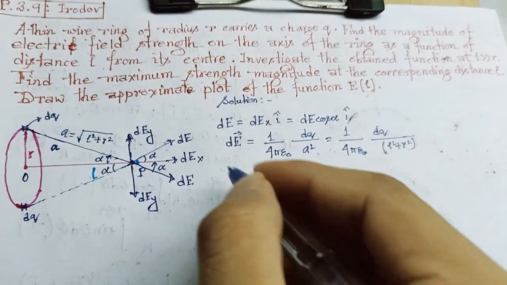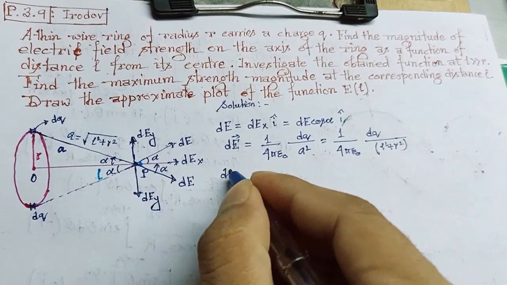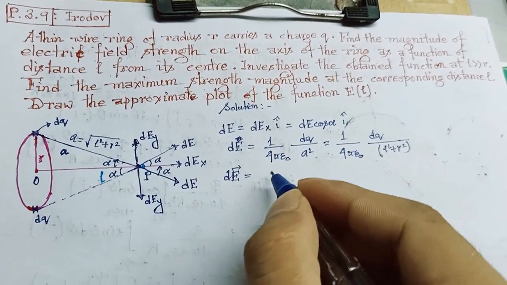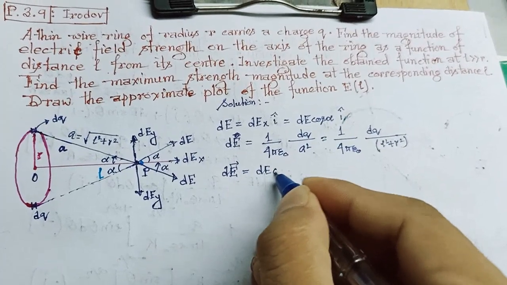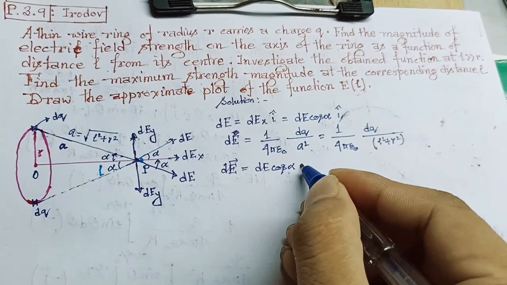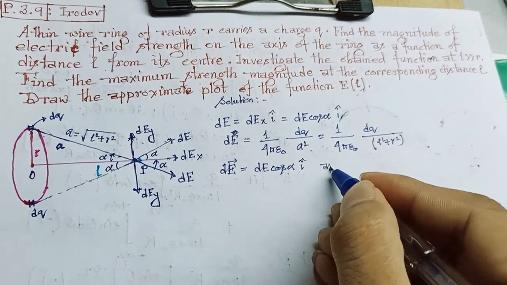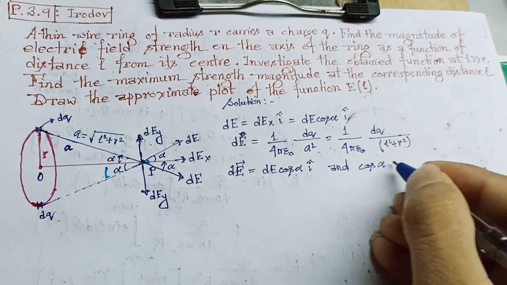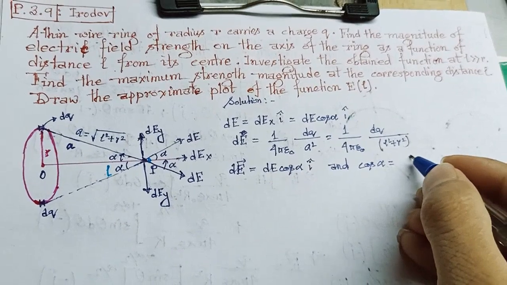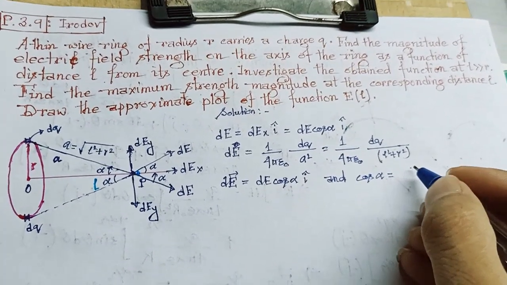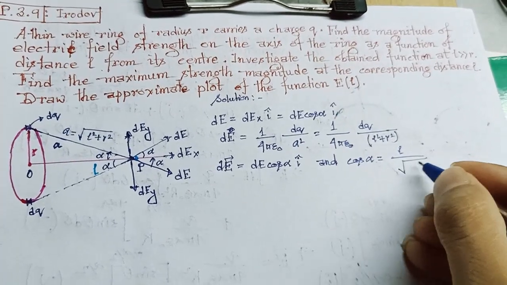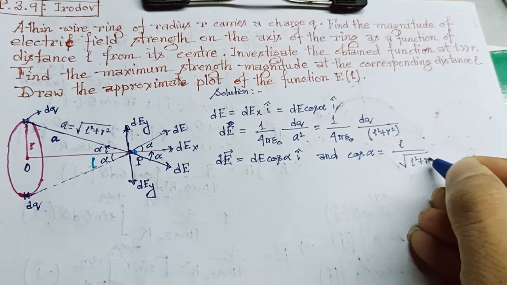Again this dE vector is equal to dE cos alpha i cap, and from this geometry cos alpha is equal to L divided by under root L square plus R square.